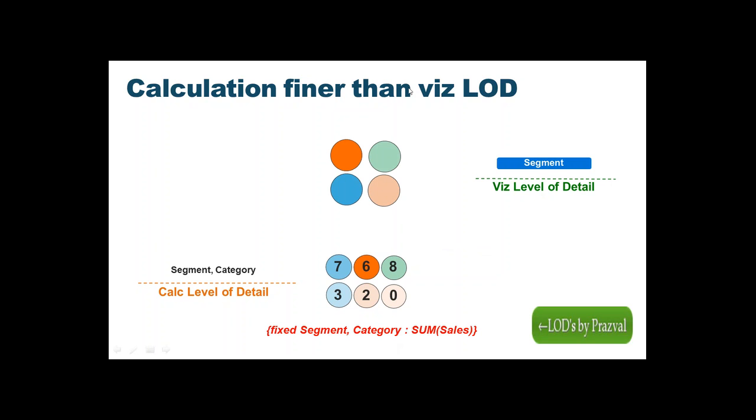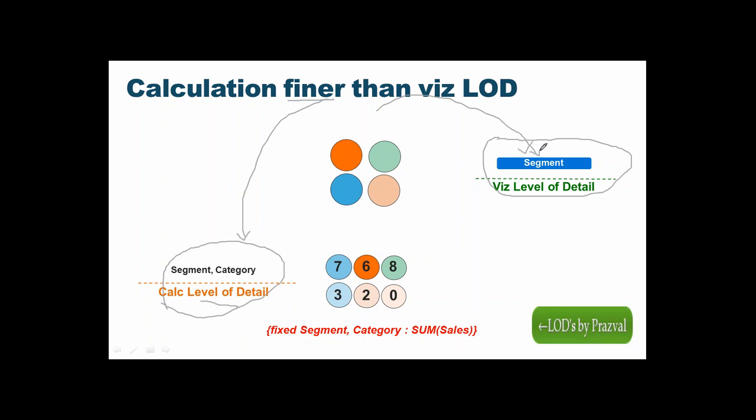Whereas at my visualization level of detail, I have only one dimension, called segment. At my LOD level, I have segment and category. We call it finer when the LOD expression contains more dimensions than the visualization.